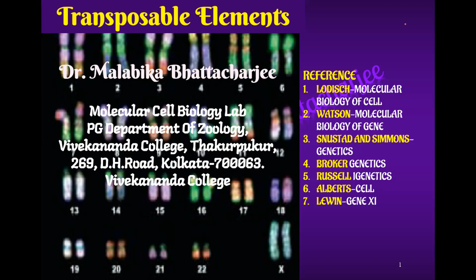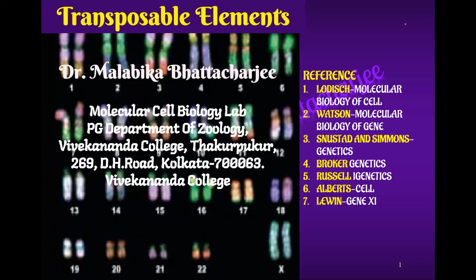Now, as we understood, these are DNA sequences that can move. So in most cases, transposable elements are able to insert themselves at many different locations, relying on mechanisms that are different from homologous recombination.